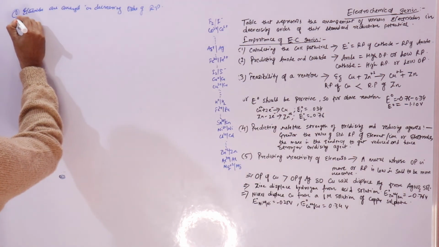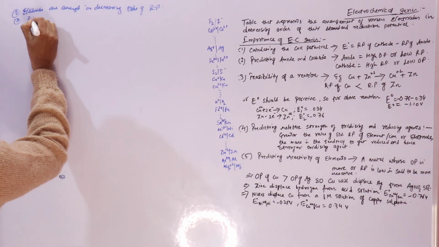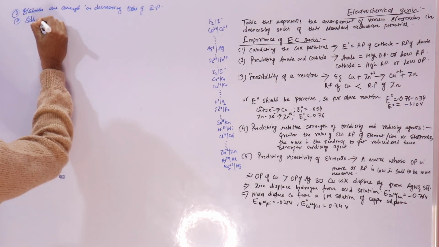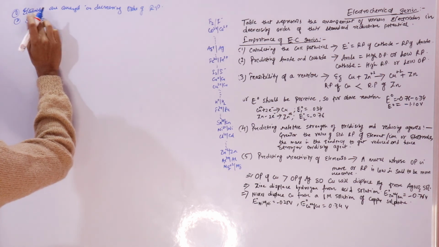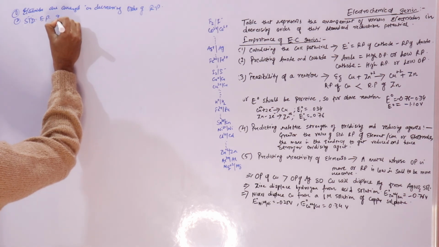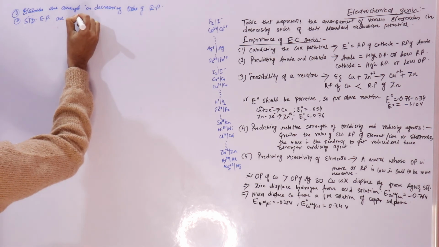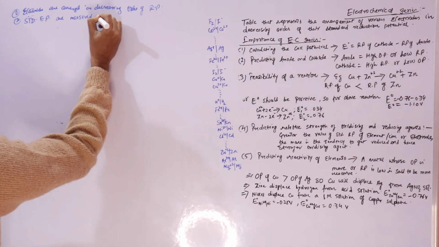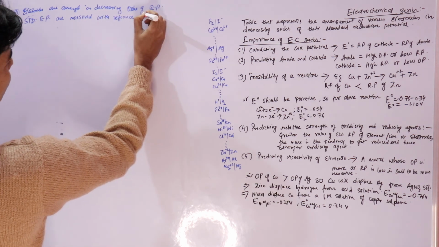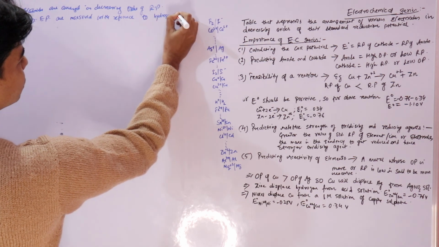And the second important thing is that these reduction potentials, or we say STD, let's write this, standard electrode potentials, are measured with reference to the hydrogen electrode.